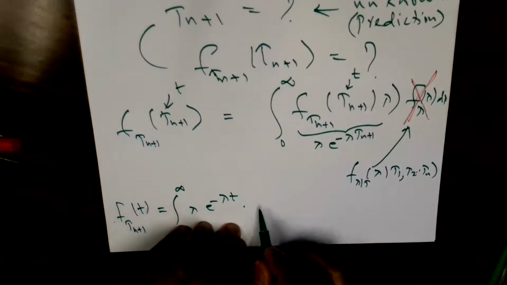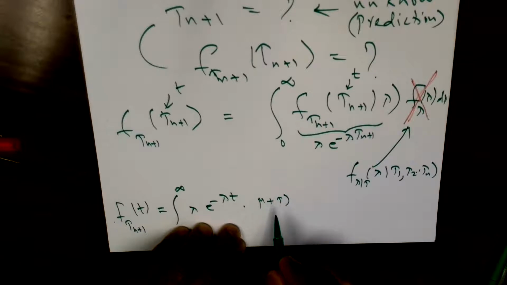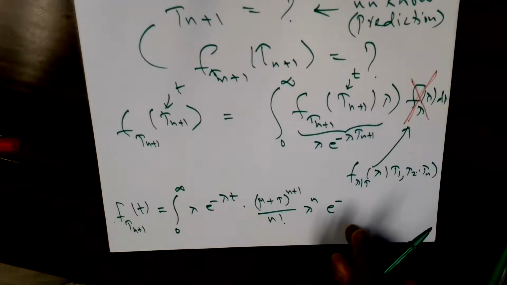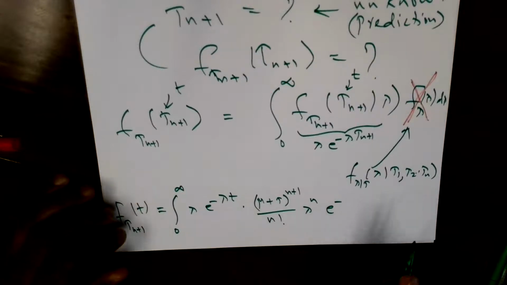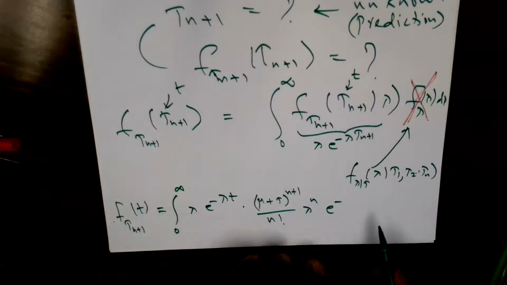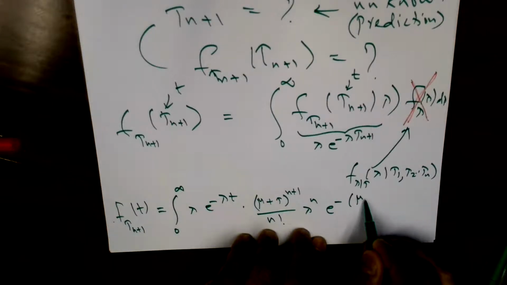That's going to be mu plus tau to the power n plus 1 over n factorial, then lambda to the n, e to the power minus mu plus tau multiplied by lambda.